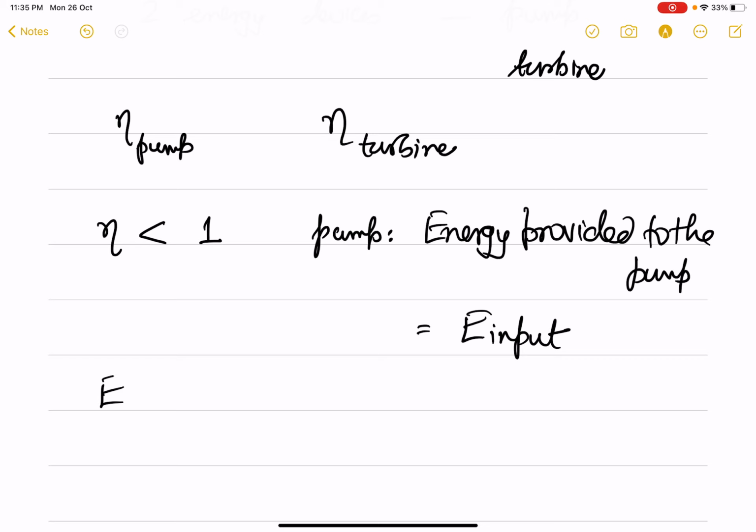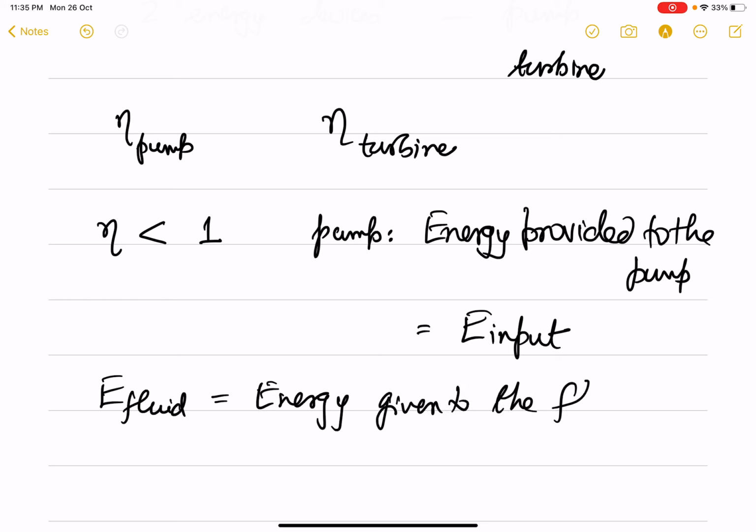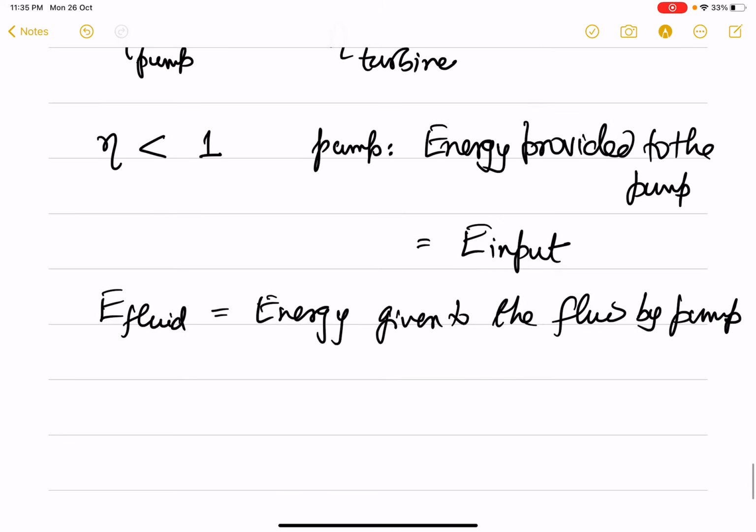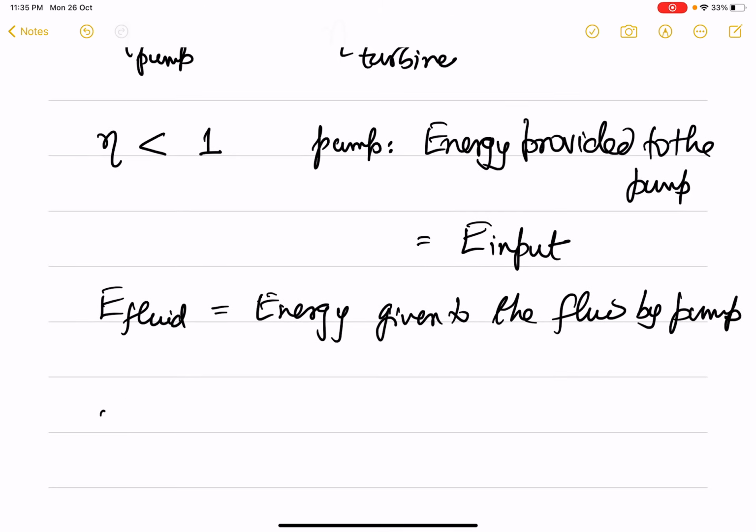And the second is the energy given to the fluid by the pump. So the efficiency of a pump is defined as the energy which the pump transfers to the fluid divided by the input energy.